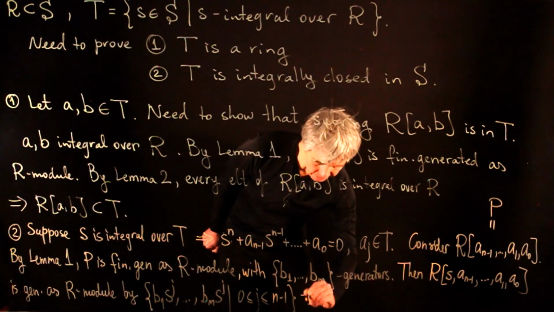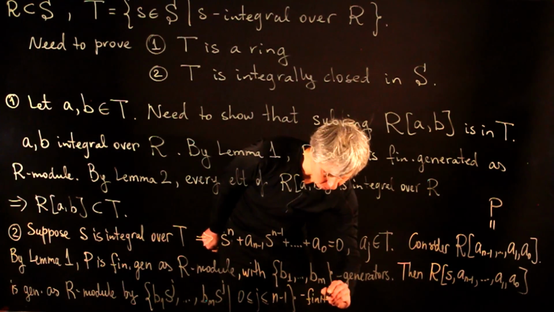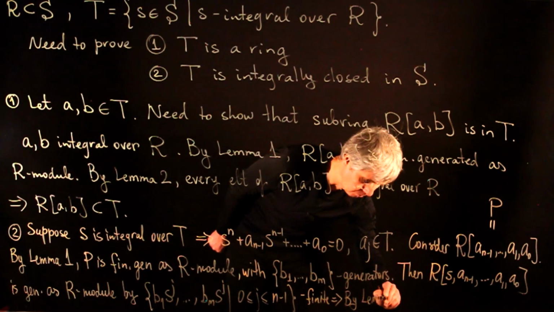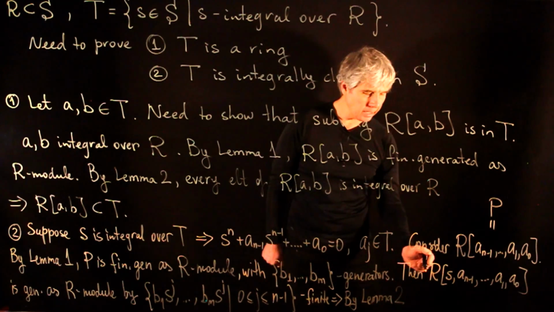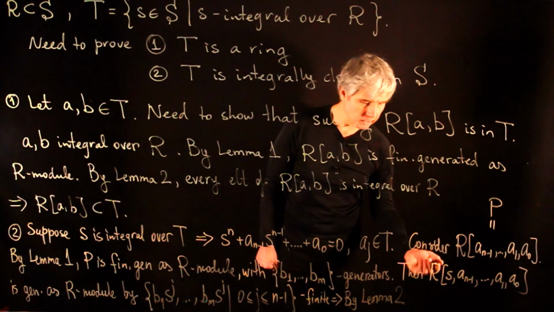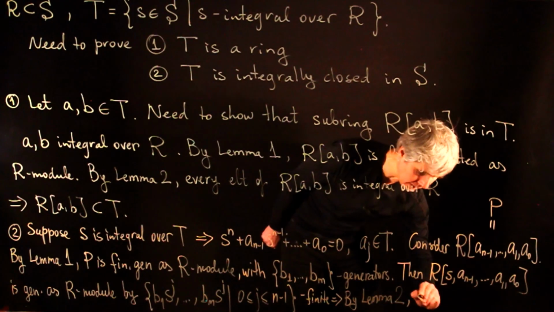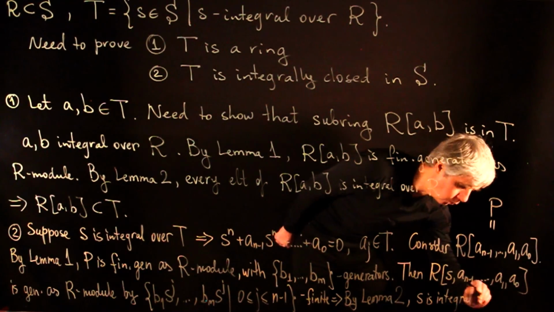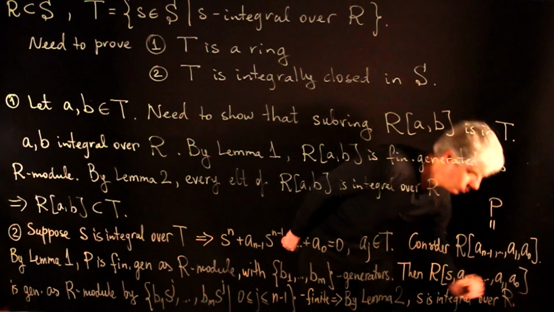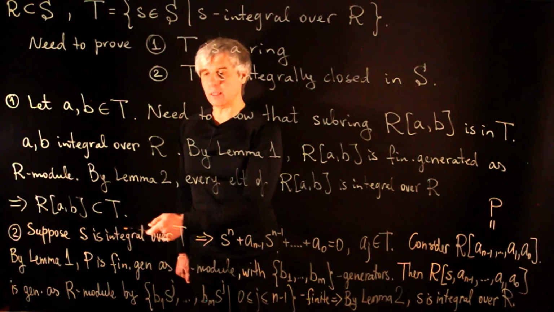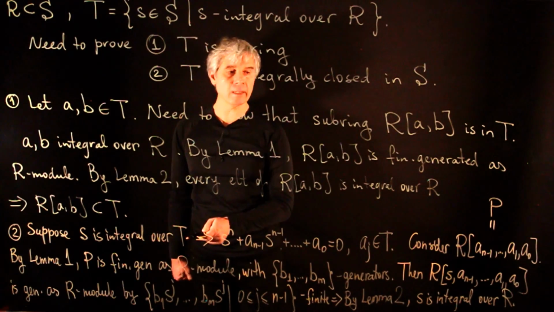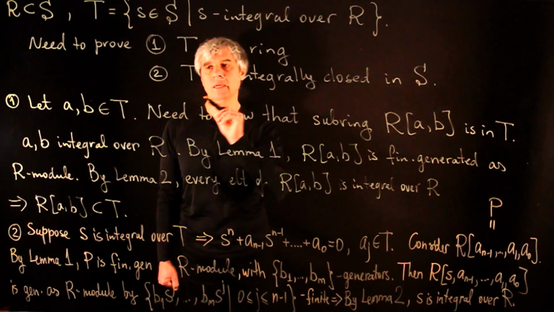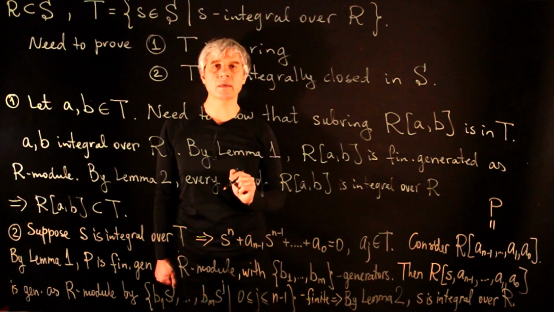So this set is finite, and by lemma 2, every element of this ring is integral over R. So in particular, s is integral over R. And we proved that any element which is integral over T is in fact integral over R, that is, it already belongs to T. So T is integrally closed in S.